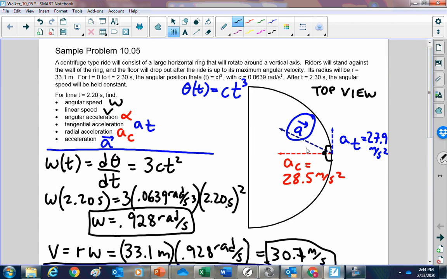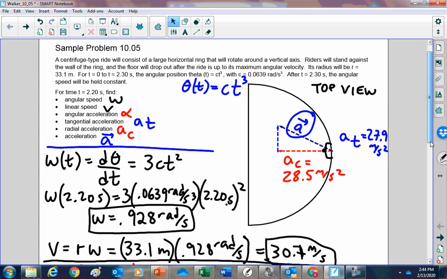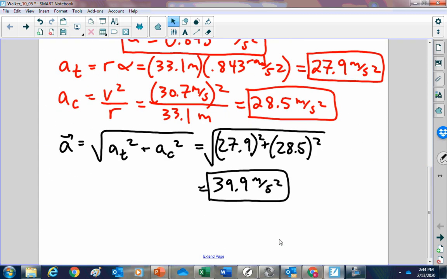Okay, and then I could also get this angle if I would like to know what this angle is, right? Imagining, scoot this over. Oops, maybe that helps me picture it better. Nope, sorry. So this is a_T, and if I want to know this angle, that would be opposite over adjacent, inverse tangent of a_T over a_C.